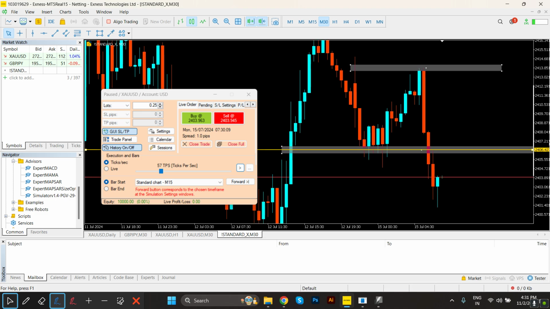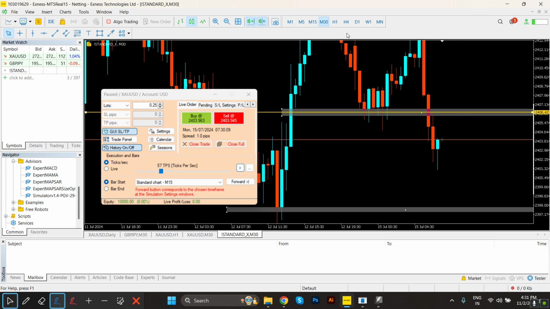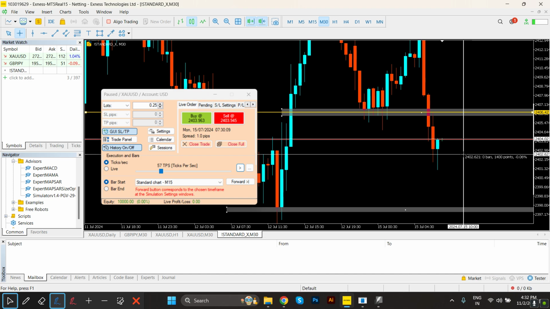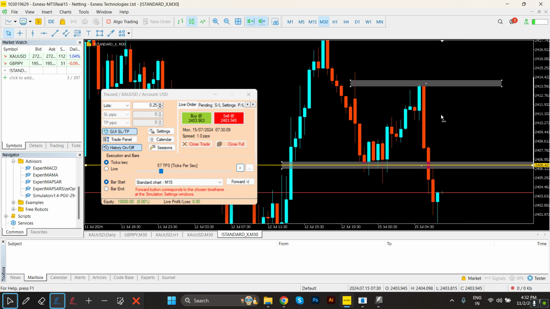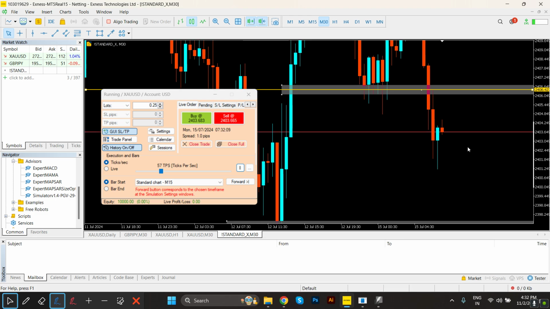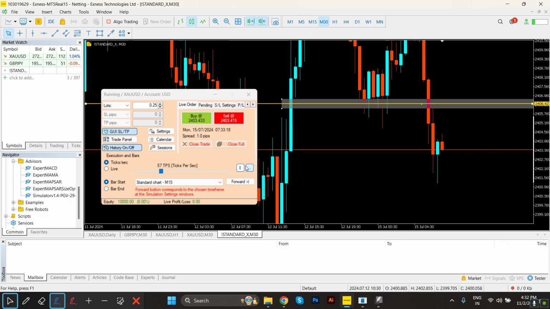I want price to, maybe, if price comes down and starts breaking the high, we have a support formed now.